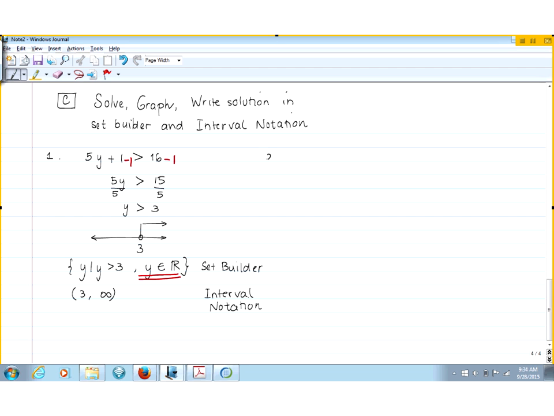Now number 2, and I have to put a note here. Negative 3x is less than or equal to negative 12. I'm changing the problem a little bit, including the equal sign here.